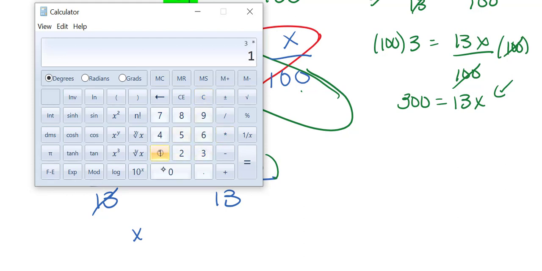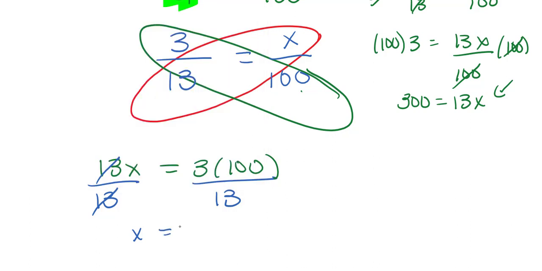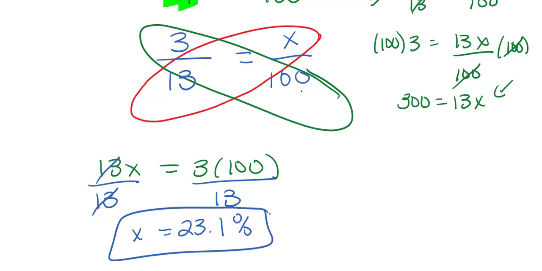So we have 3 times 100 divided by 13, and we get 23.1%. And so realize you could solve this butterfly way and cross multiply, or you can use this too. Either way, whatever you feel most confident about.